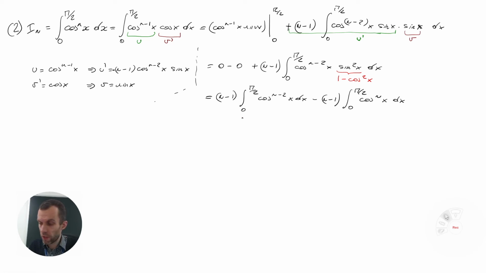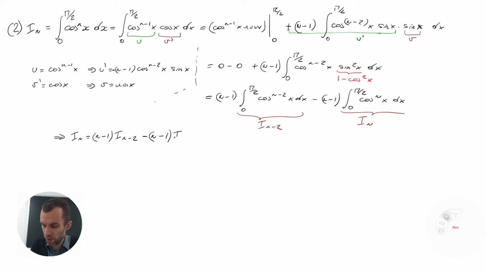And so now you see that this thing is I_n minus 2, and this thing is I_n again, and therefore what I've derived is that I_n is equal to n minus 1 times I_n minus 2, minus n minus 1 times I_n. I can bring the I_n's all to the same side, so I get plus n minus 1 I_n is equal to n minus 1 I_n minus 2.